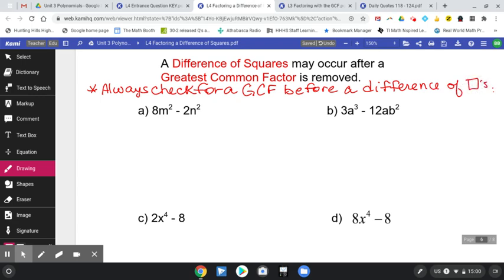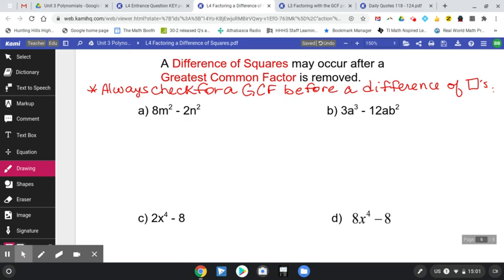So we're getting into the questions where you're going to have to do two kinds of factoring to get this completely factored. But you should always be doing a greatest common factor first.